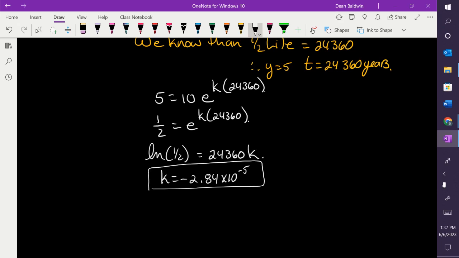And if you want the units, it's actually years to the minus 1, or per year. But I'm not worried about the units. So now our formula is y is equal to 10 e to the negative 2.84 times 10 to the minus 5 t.